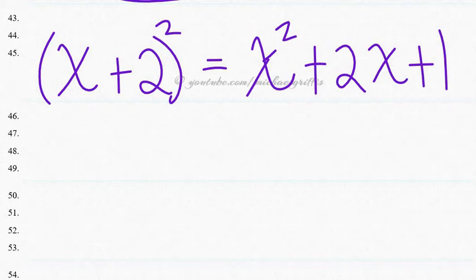This is an identity, because for every real number that we plug in for x on the left, it will be the same number if we plug it in on the right-hand side. I'll let you check that out.